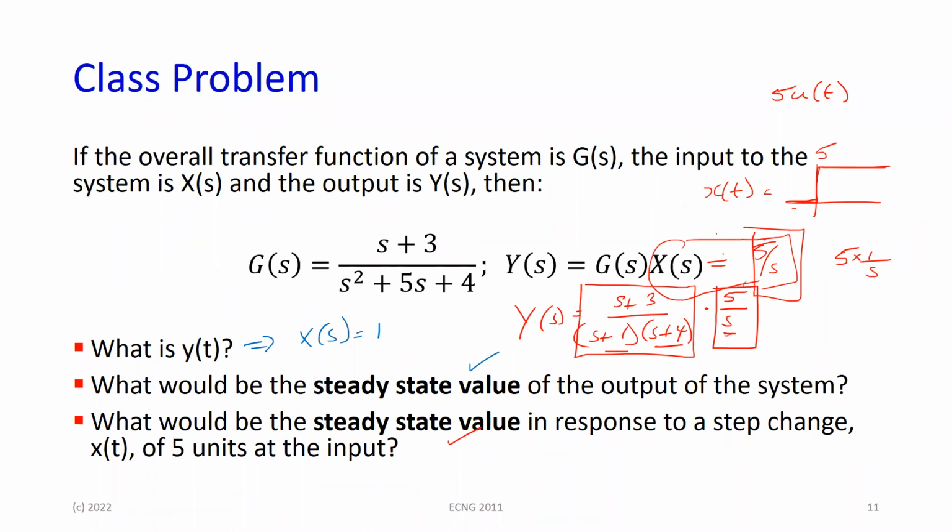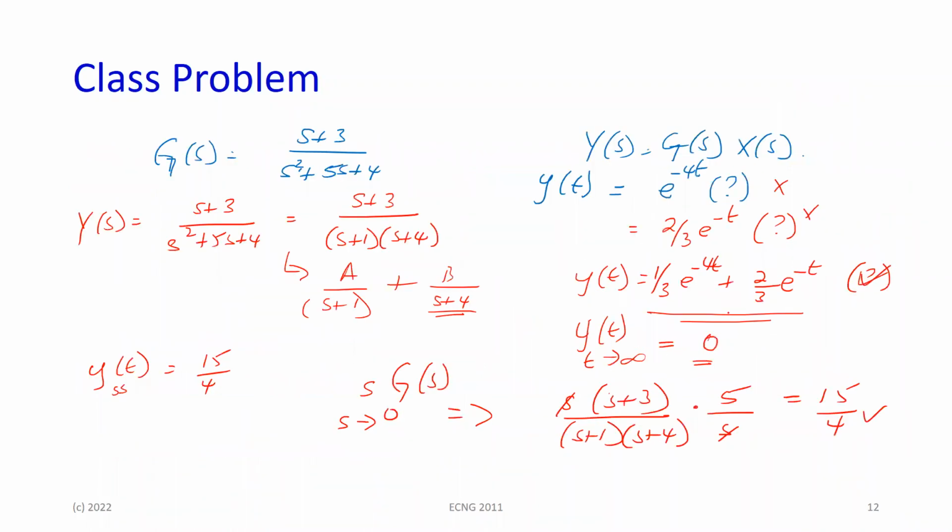And from the final value theorem, if you want to find what YT does as T goes to infinity, that is the same as finding the limit of S times GS as S goes to 0.